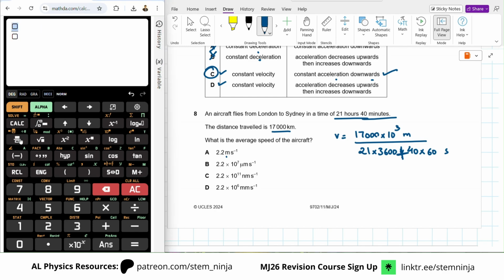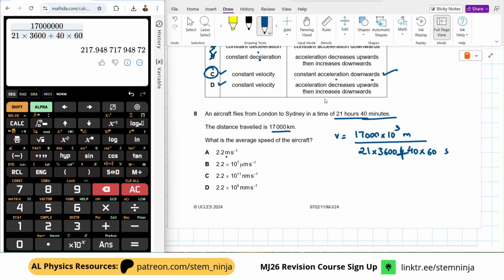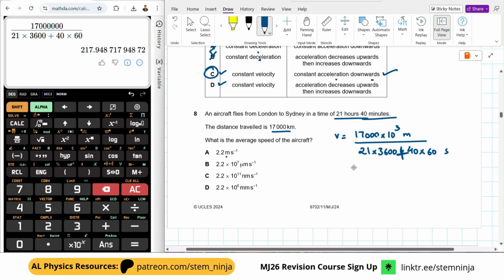So let's see what we get first. 17,000 times by 1000 divided by 21 times by 3600 plus 14 times by 60, we get 217.94 meters per second.